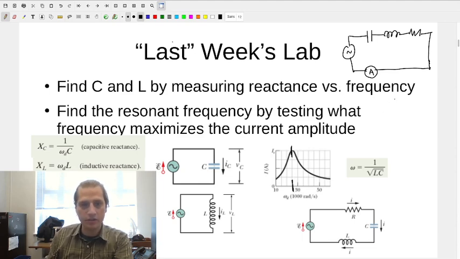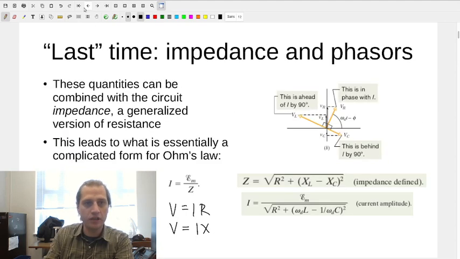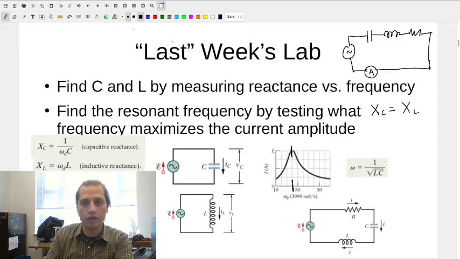And it turns out that the frequency where that's maximized is just where XC equals XL, where the impedance of the inductor is the same as that of the capacitor in its magnitude. And the reason that the current is maximized is that these two essentially are opposing one another.